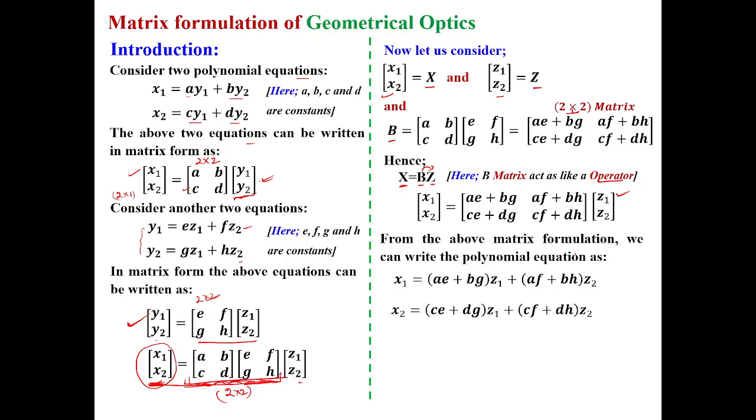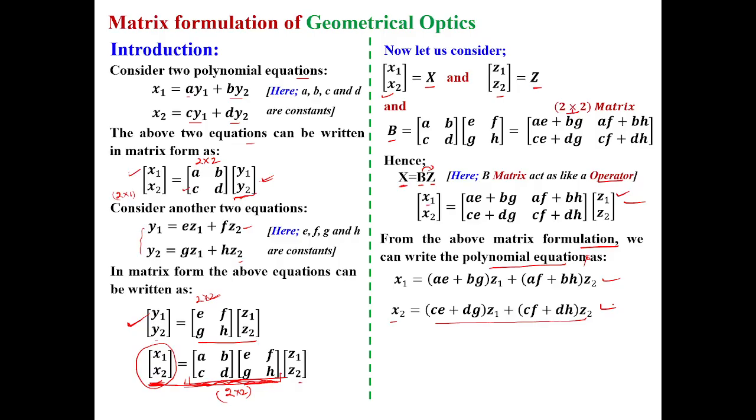From the above matrix formulation, we can write the polynomial equations: x1 will be (ae plus bg) into z1 plus (af plus bh) into z2. The same thing I have written over here. And x2 will be this one.